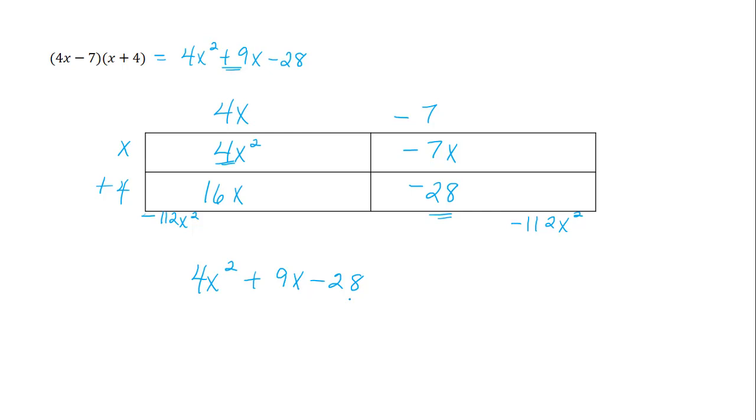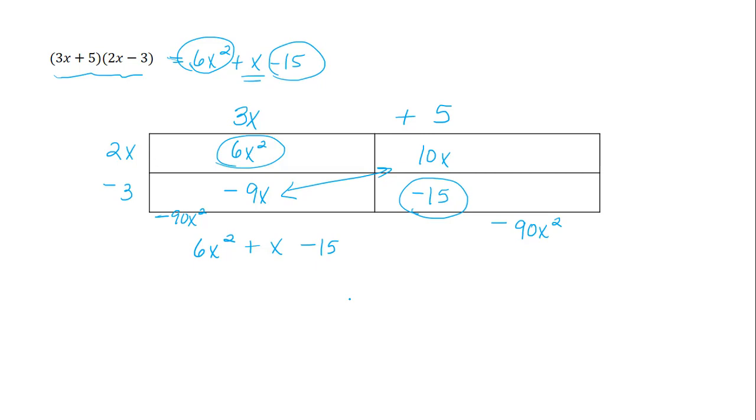I also want to point out one other thing about these two problems, which I think is so cool. Let's look at the rows and the columns kind of independently. Between 6x squared and 10x, so this first row, what is a common factor between 6x squared and 10x? Well, it is 2x.